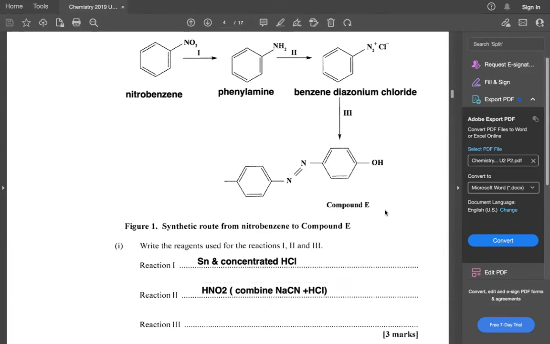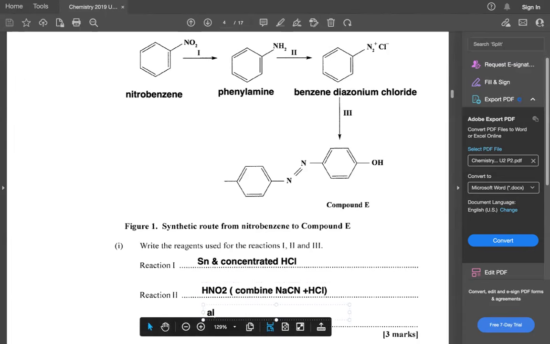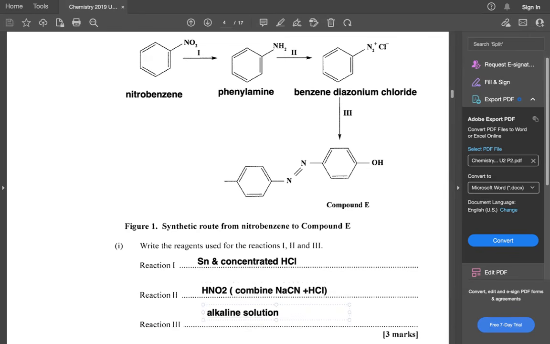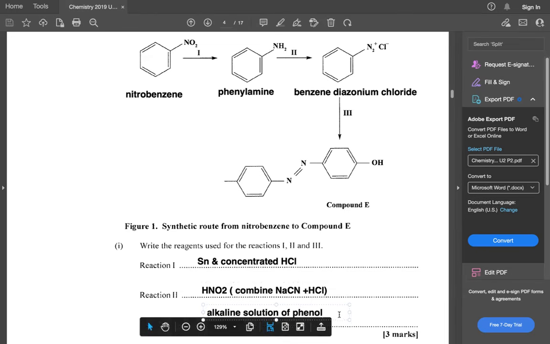And for that particular transition, what we're going to need is an alkaline solution of phenol, right? So let's just write that here. So we need an alkaline solution of phenol for that, right? So those are our reagents that we need. And so that should give us all 3 marks, okay? So we're good there. So let's scroll down.